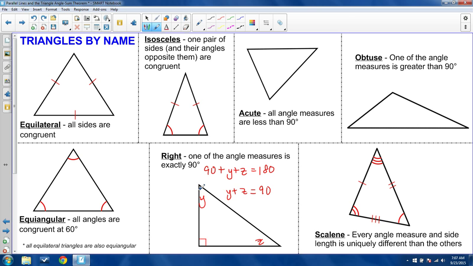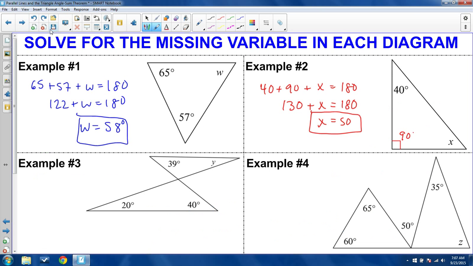So it's possible to save some time and state that these two angles are complementary in a right triangle. So when I went back to this example here, I could have just said 40 plus x equals 90. I didn't have to go the full route and say they add up to 180. In the right triangle, if that's 90, these two also add up to 90 because the measures in a triangle add up to 180. So I could have just done it that way, subtracted 40 and got x equals 50.